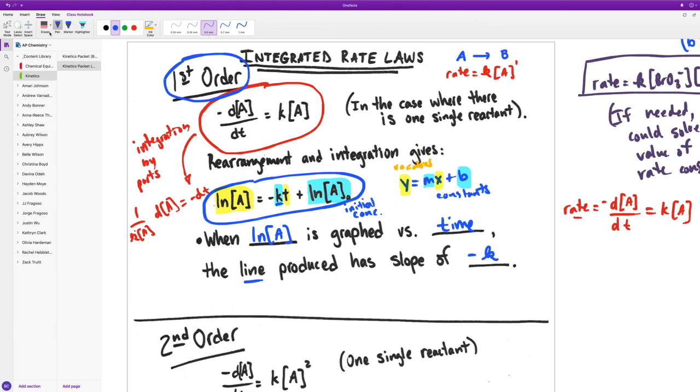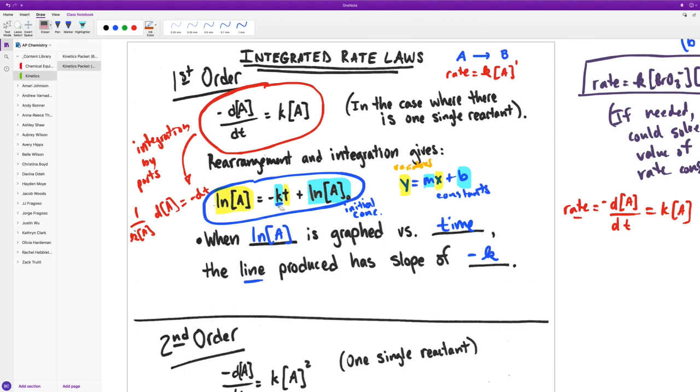So if you have a first order reaction, and you take the logarithm of your concentration data and graph it versus time, you're going to get a line. And the line has the slope of the negative of the rate constant. Okay, that negative value basically comes about because when we defined the rate for a reactant, we put that little negative sign in there, and that negative sign has basically stuck around during the integration. But the rate constant k is hiding in here, okay?